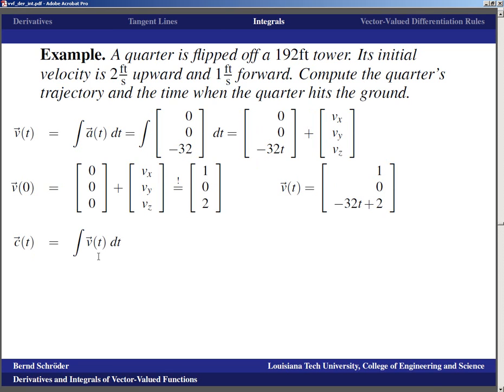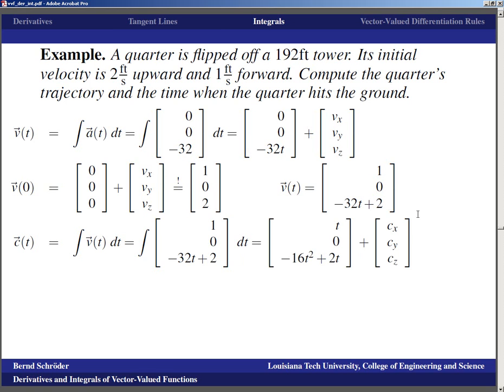So c of t is the integral of the velocity, which is the integral of 1, 0, negative 32t plus 2 dt. Well, that gives us t, 0, and then negative 16t squared plus 2t, if we find the antiderivatives. And again, we have to put in integration constants, cx, cy, and cz.